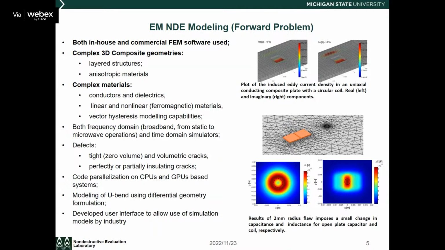Also, we have to deal with complex materials. We have conducting or dielectric materials. For composites, a good example is CFRP, where you can have matrix-type composites with conducting carbon nanotubes or carbon fibers surrounded by dielectric materials like resin.